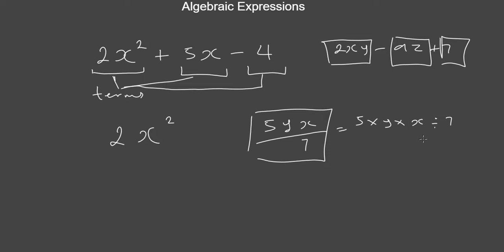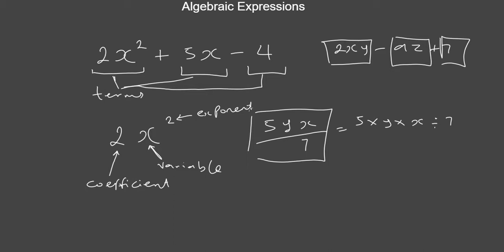So now let's break down what a term is made up of. A term is made up of a coefficient, although not all terms might have a coefficient, but in this particular instance, this is the coefficient of this term. Then this is the variable x, and this is the exponent or power of variable x.